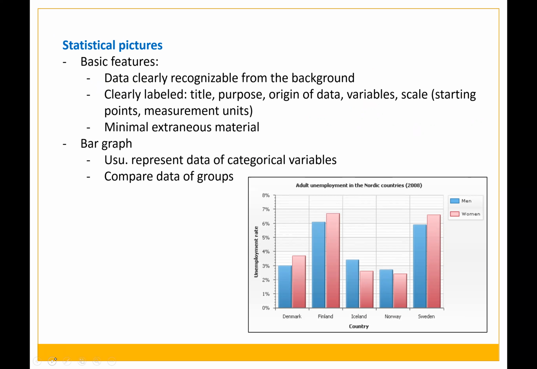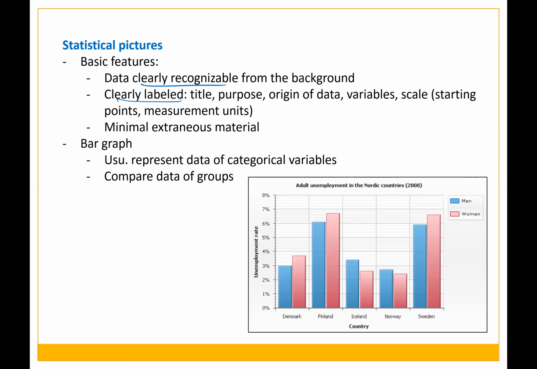Compared to a table or just putting out a bunch of numbers together, these kinds of data displays represent our data much better, and communicate information much quicker. The display should be clearly recognizable from the background. It shouldn't make the job more difficult, because then there's no point to do data display at all.